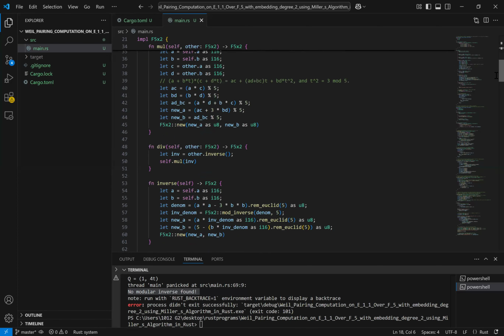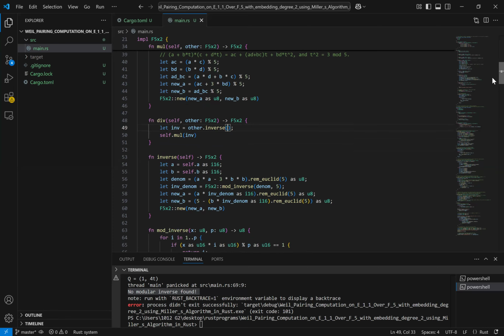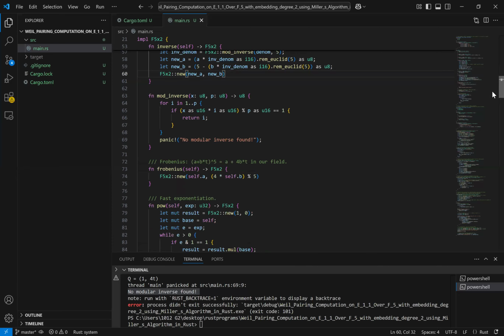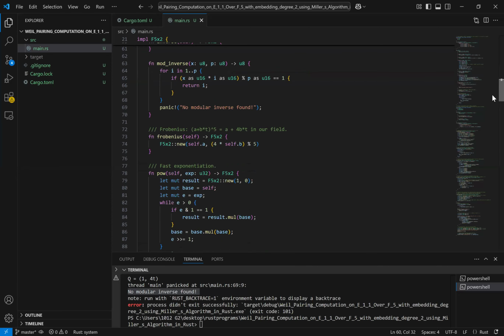Even division, you see, here we've defined a function for division. For division, you must first get the inverse of the denominator. Then how do you get the inverse? I've explained how to get the inverse here, the same way we've been getting the inverse. Of course, we'll look at that later.